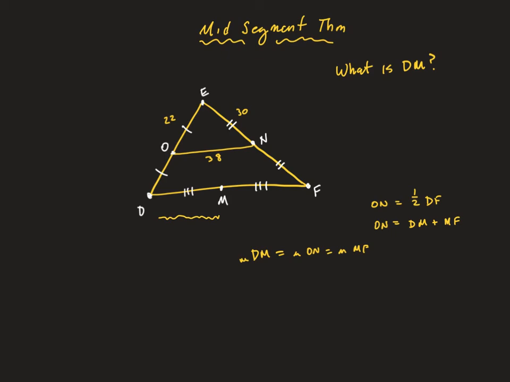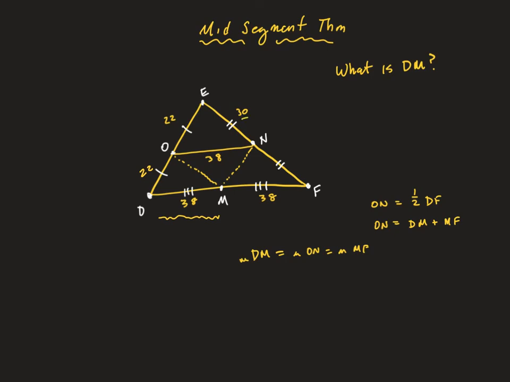So if ON is half of DF, that means that DM is going to be 38 and MF is going to be 38. If I were to plug in these other segments, I would also be able to look at this and say, if O is a midpoint of DE, then if OE is 22, that means DO should also be 22.